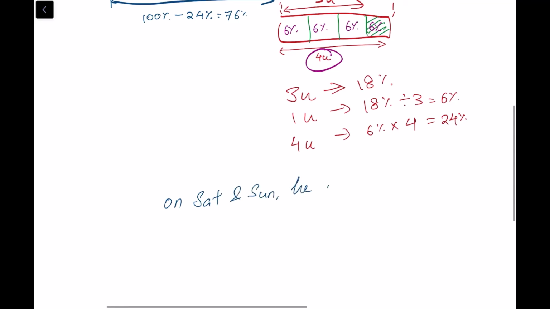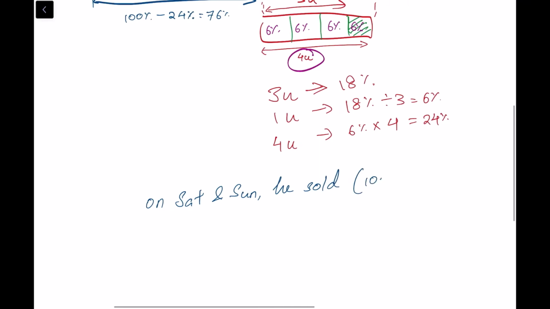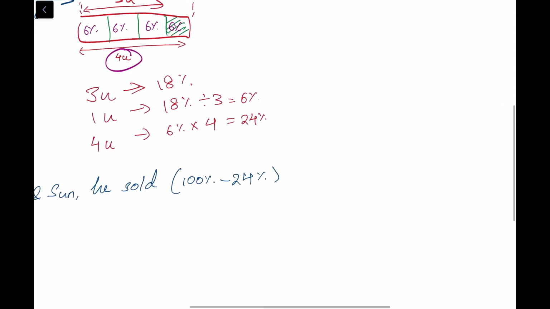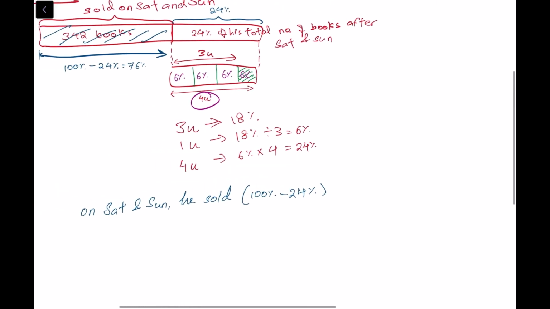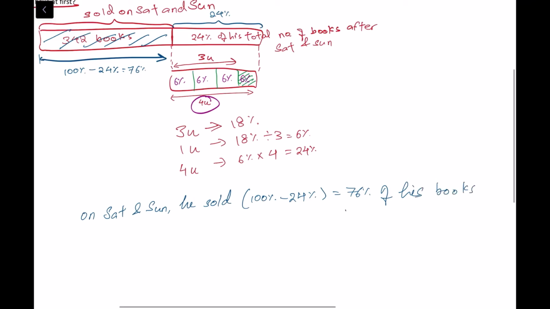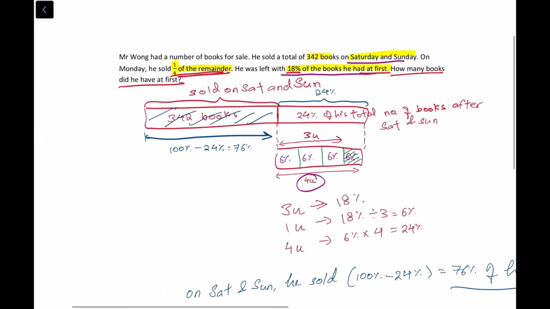Of course you won't need to write these statements in your examination, so don't worry about this. He sold 76% of his books, and these 76% happen to be 342, because he sold 342 books.